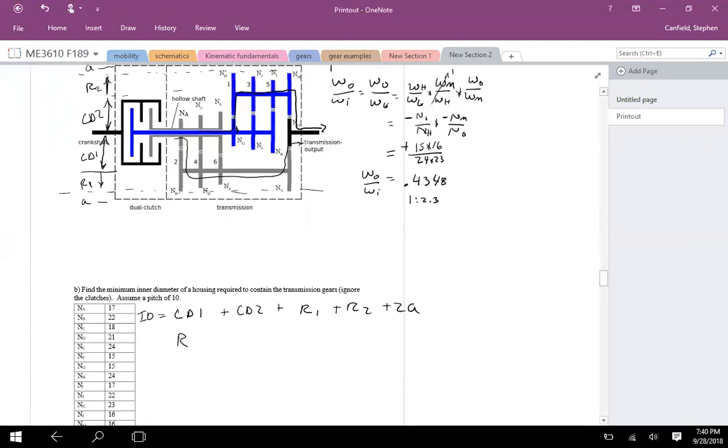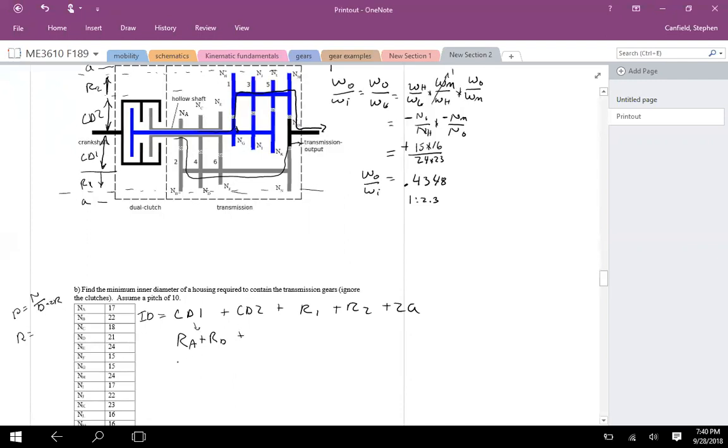And I can get this right from my notes, but let's just talk through it. I can get it from any of these, but I'll say it's RA plus RB. Okay, that's this one. And the radius is, well, pitch is teeth N over D, which is 2R.